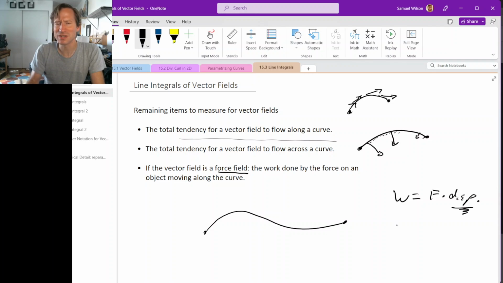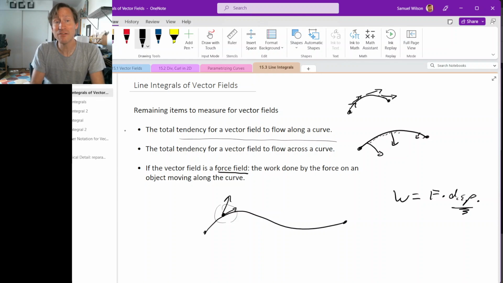But displacement is really a vector, and so at every location along this curve as an object moves along, there's some force that it experiences at that location, and there's some tiny displacement that the object makes to get to the next point on the curve, and so there's this little bit of work that is being done at this particular point. And so we should be able to add up all of the little bits of work, but since we're adding up a bunch of little bits along a curve, that's going to be a line integral.